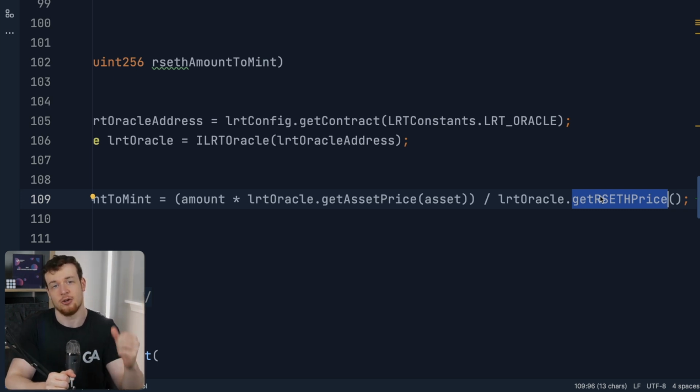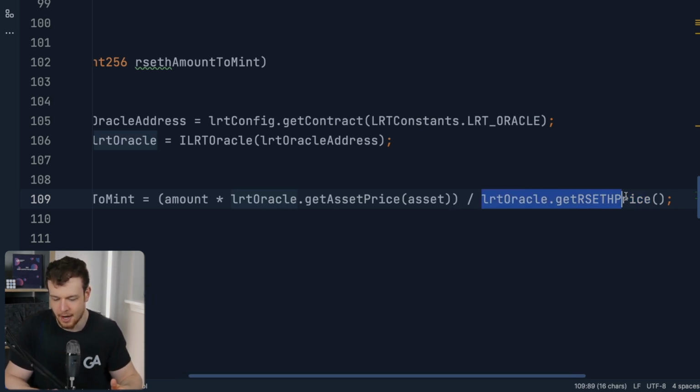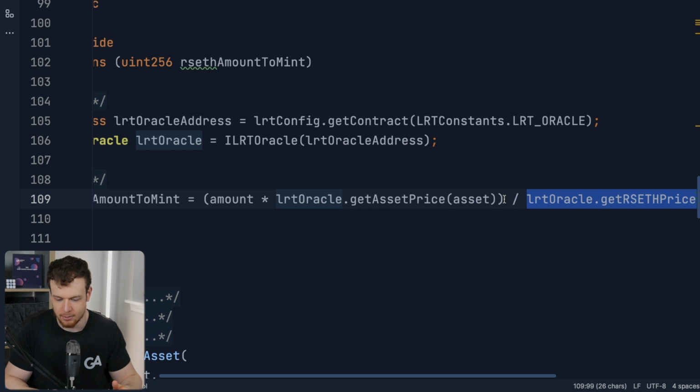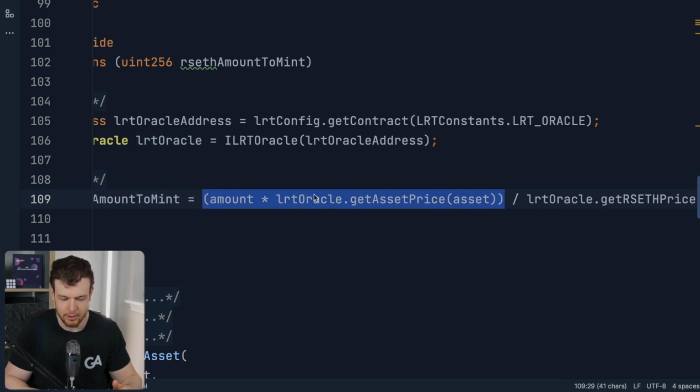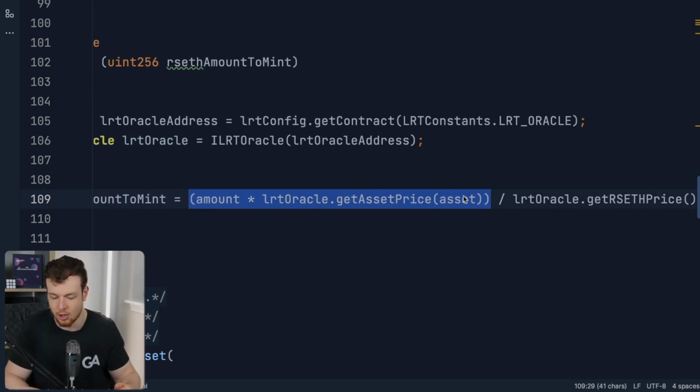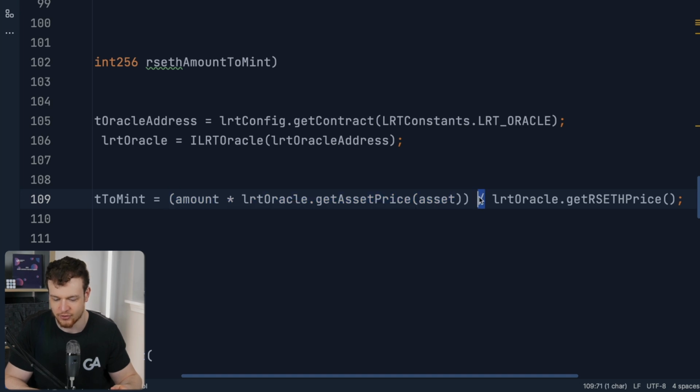So we increase the amount of ETH in the system, the amount of RS ETH stays the same. We inflate the price of RS ETH, meaning that the denominator gets bigger. Meanwhile, this numerator didn't get bigger, and so we can go ahead and cause some precision loss with this division symbol right here.